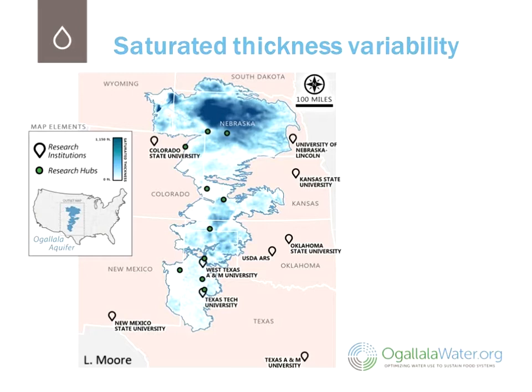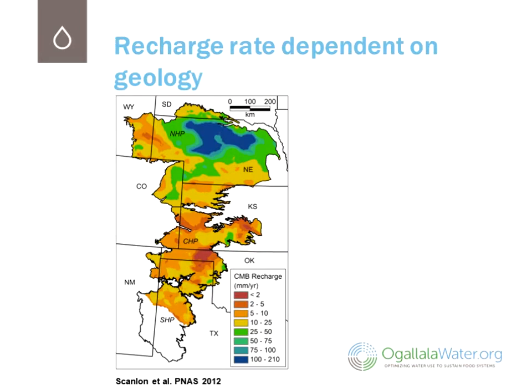And it's not just that there's lower saturated thickness in that area, but also that there's very low recharge. The sand hills in Nebraska, where you see the deep blue in the northern High Plains, actually get quite a bit of water replenishing through those sandy soils, as well as higher precipitation coming in, which helps sustain that greater saturated thickness in the north.